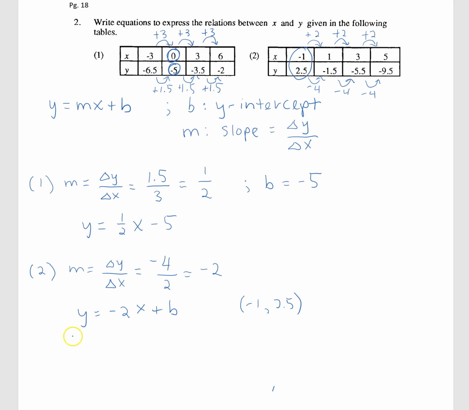Plugging this in gives me 2.5 equals -2 times -1 plus b, and that's 2.5 equals +2 plus b. Subtracting 2 on both sides of my equation gives me 0.5 equals b.